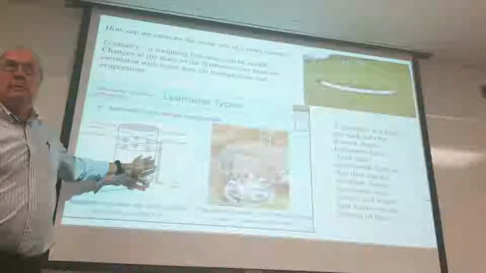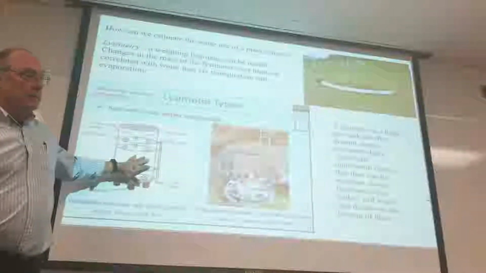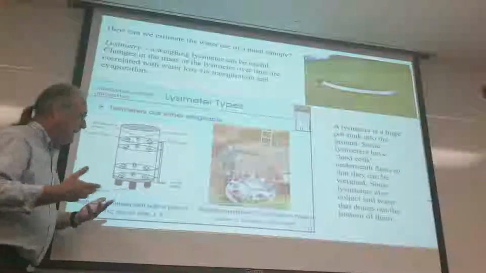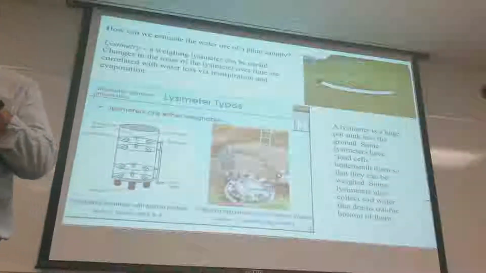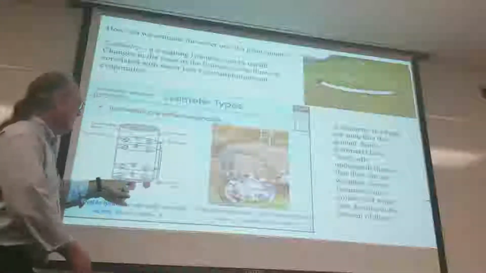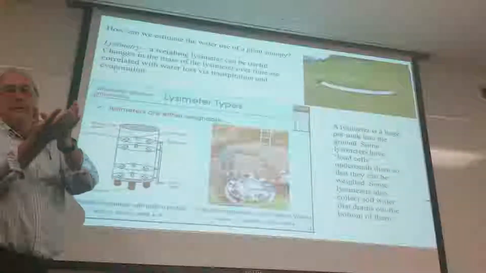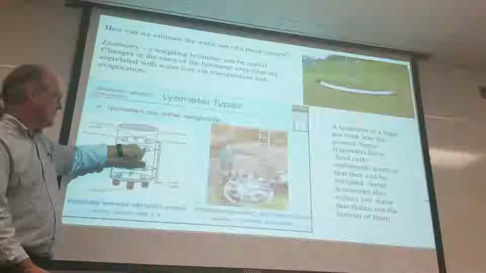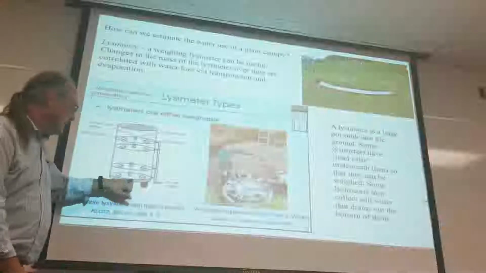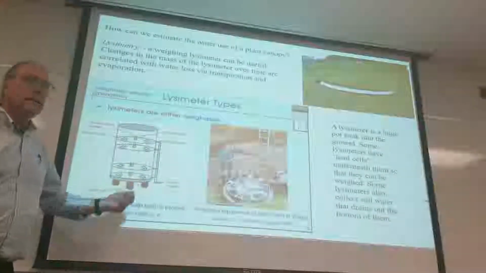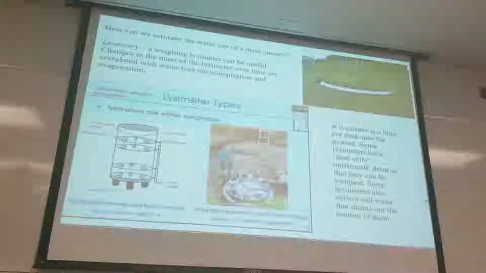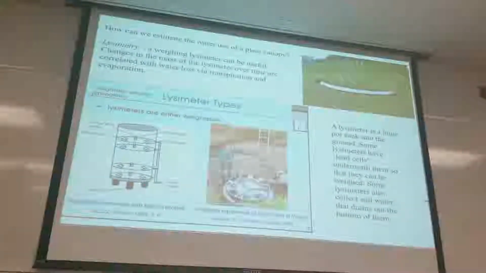I don't think those are weighing lysimeters, but what they do have, or had, is a way to collect the drainage that's coming out the bottom of this thing. So if you collect the stuff that drains out the bottom of this lysimeter, you can look at how much nitrogen is moving through, or any other thing you're interested in.